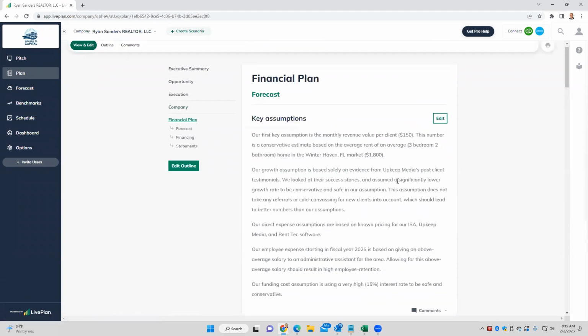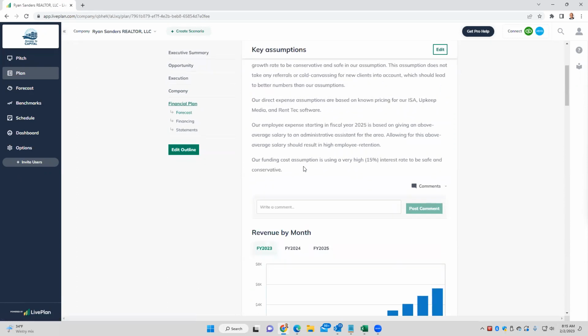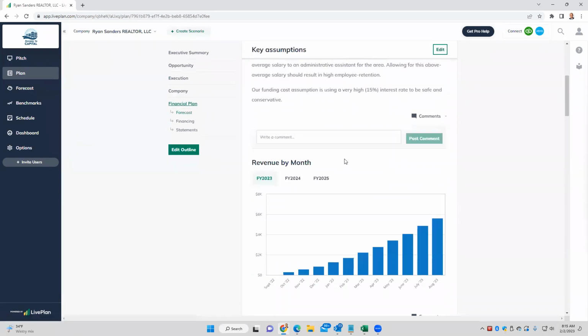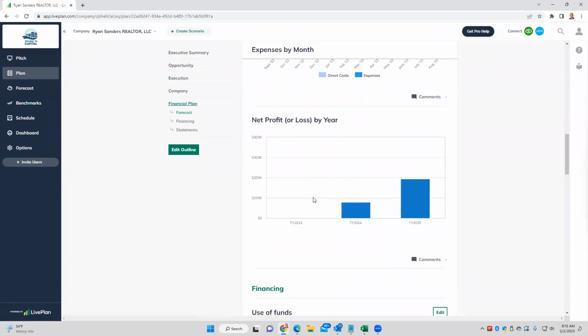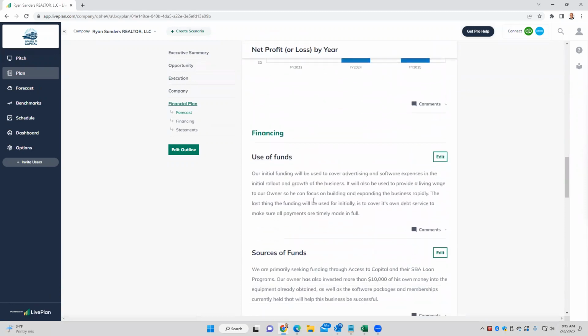And then our financial plan. Again, this is still the words, not all the numbers. You'll see some imported in charts. We'll get to the numbers on forecast, as I mentioned a moment ago. But here's where we're making assumptions of the money that's going to come in, projected revenue, projected expenses, projected profit or loss by year.